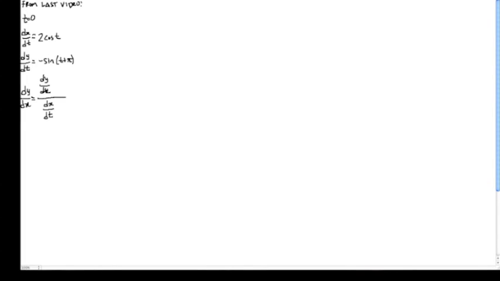Okay, so in this video I'm going to find the second derivative of this parametric equation. From the last video, we figured out that we're going to use t equals 0 because it's much easier than using the actual point. We figured out the derivative of x with respect to t.